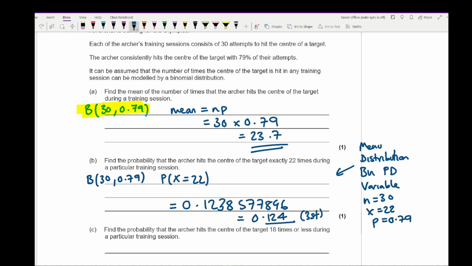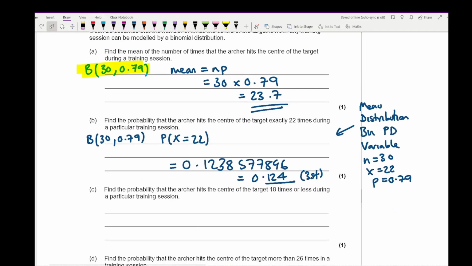Then for c, it says find the probability that the archer hits the centre of the target 18 times or less during a particular session. So again, setting up the parameters, what we want this time is the probability that x is less or equal to 18.